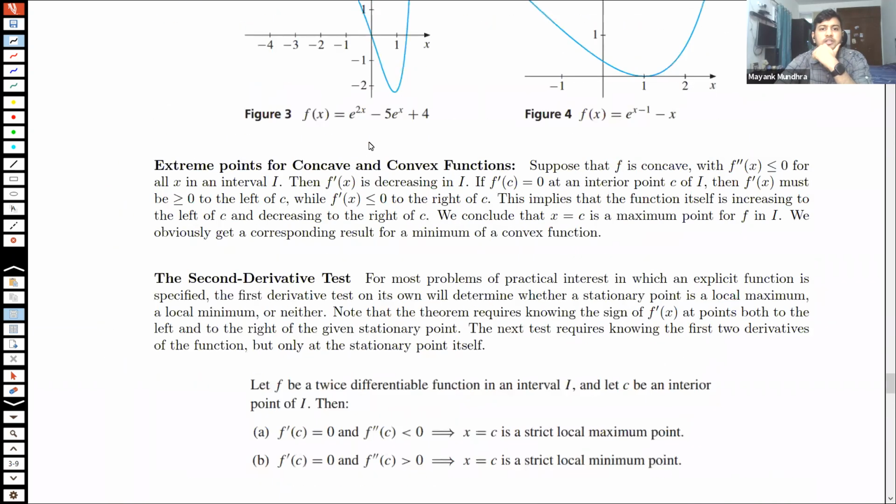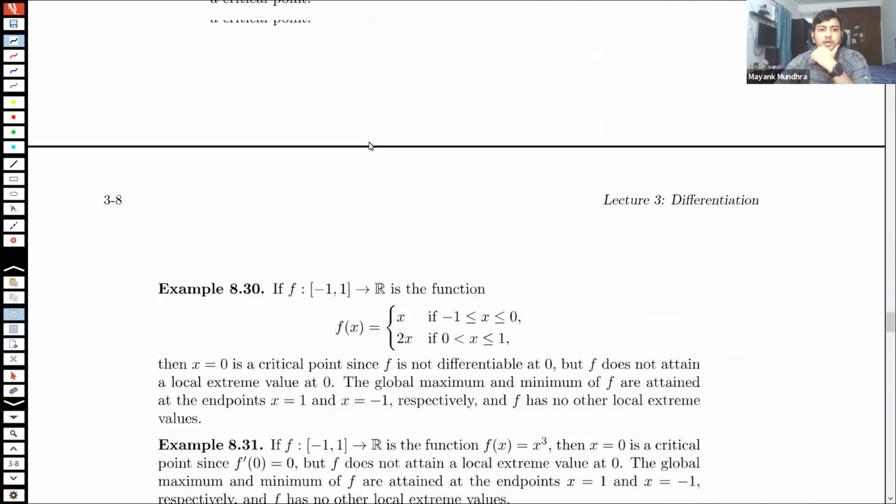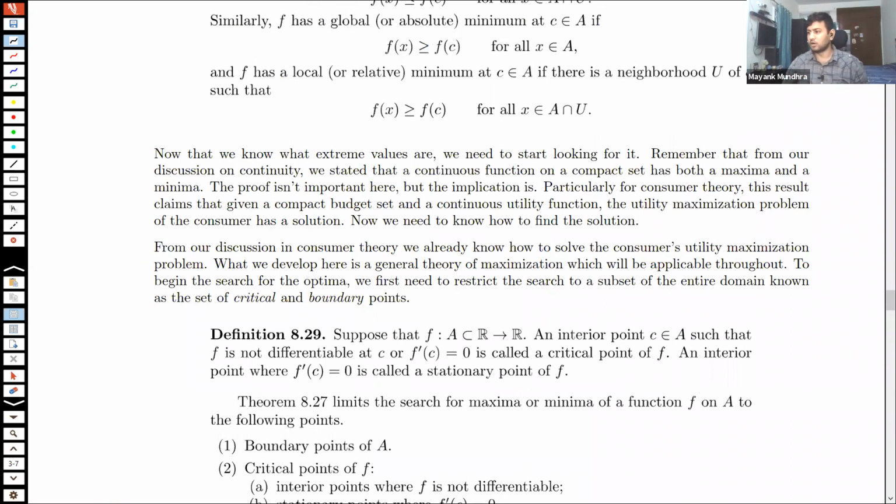So in the last class, we were looking at optimization. If we have to look at the entire journey of how to optimize things, then the first step is to pick out your critical points, right?